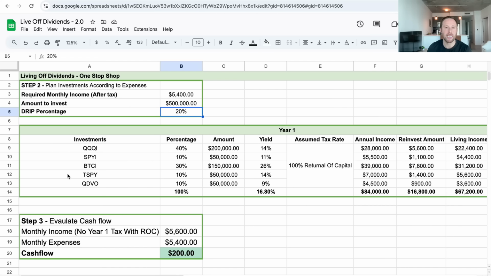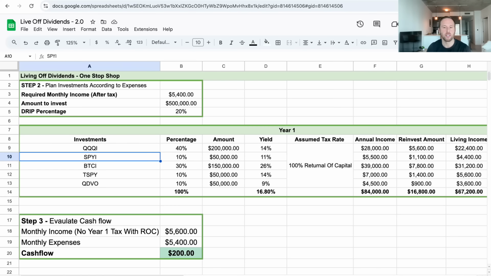All right, so the next piece up is the investments I've selected for the fund. I've selected a variety of really high income and quality investments as part of this plan. Those investments are QQQI, the NASDAQ 100 NEOS high income ETF, which yields 14%.